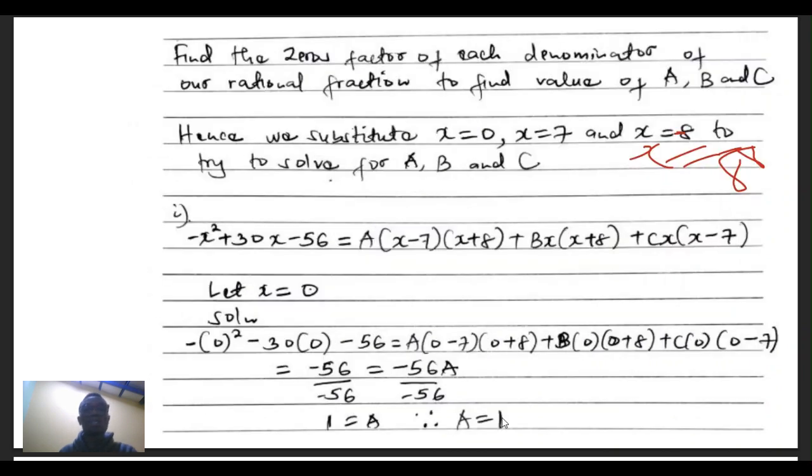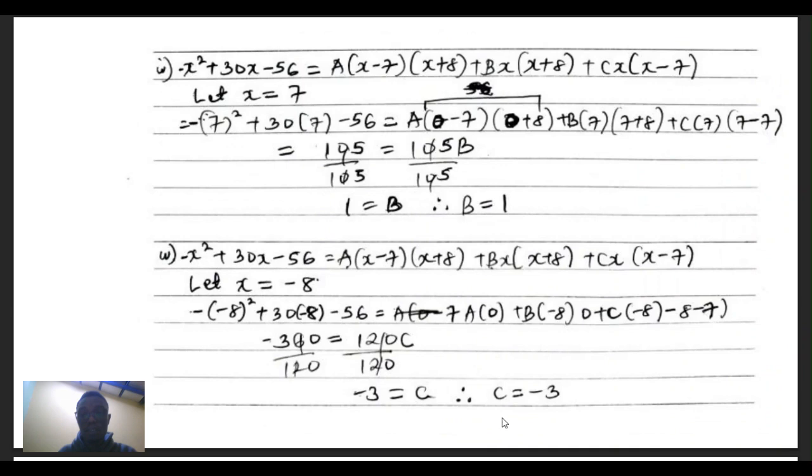Remember, we said to find the zero factors of each denominator of our rational fraction so we can find the values of A, B, and C, and we've found them: A being 1, B being 1, and C being negative 3.